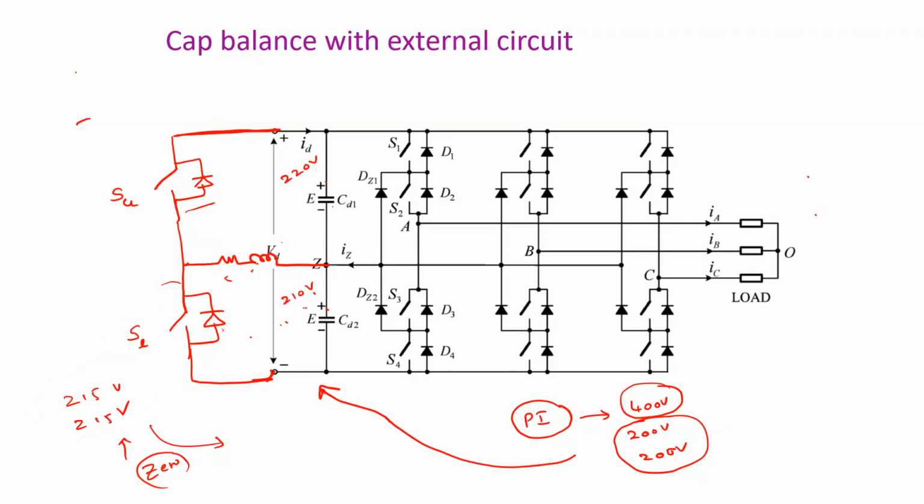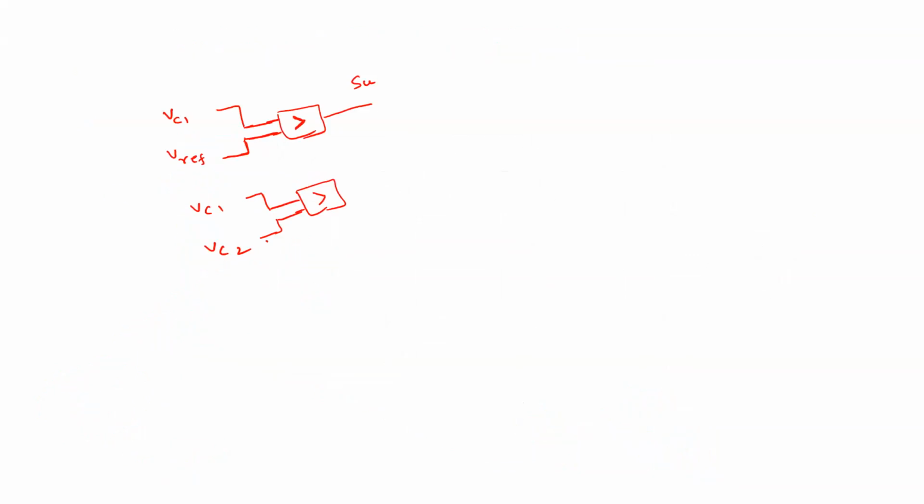So what we have to do is take an action, depending on which capacitor voltage is high. In this case, we need to see VC1 and VC2. Let us assume this is 220 volts and this is 210 volts. And this is 200 volts and this is 220 volts.